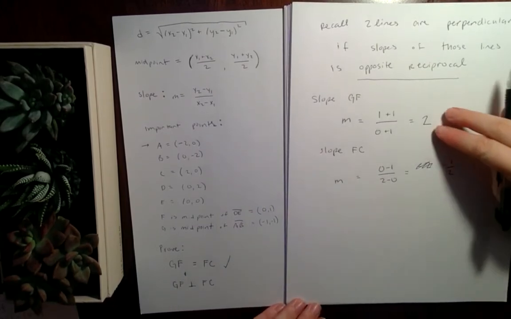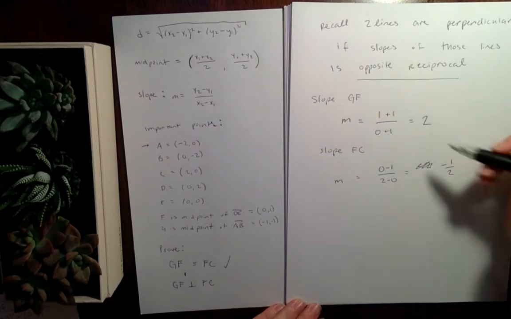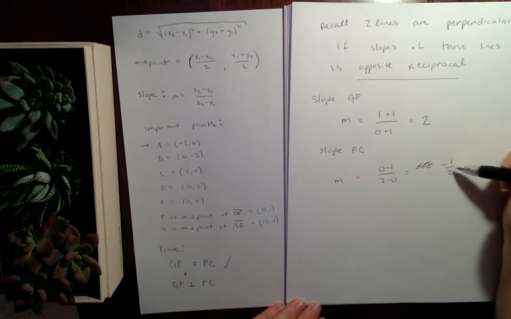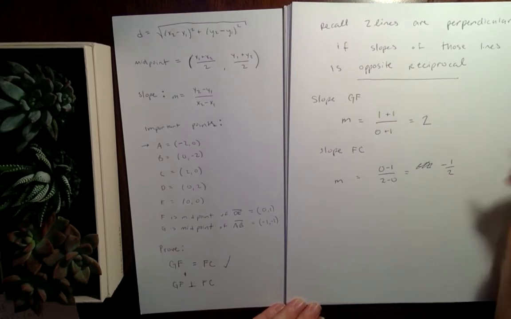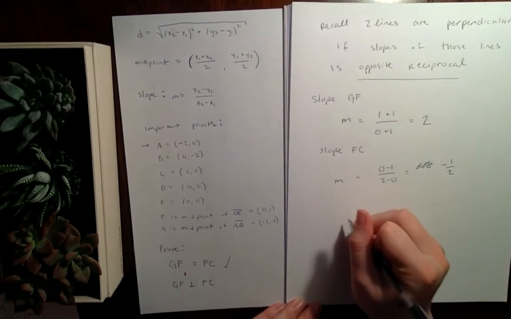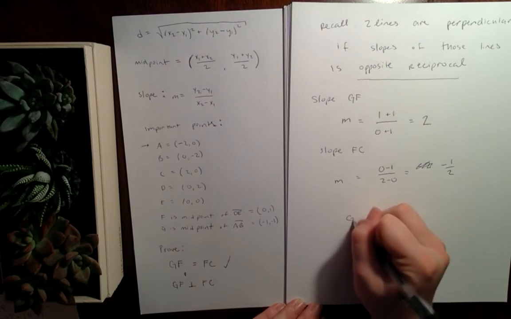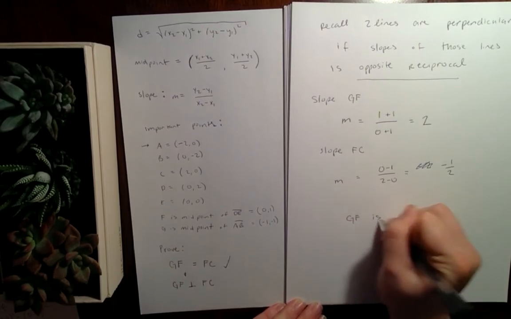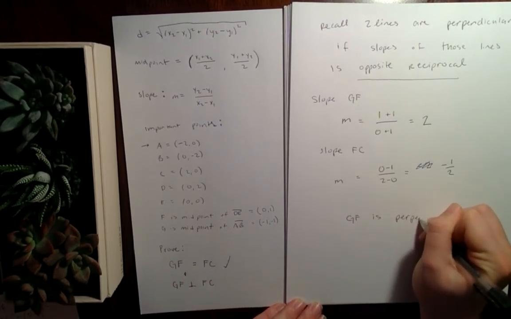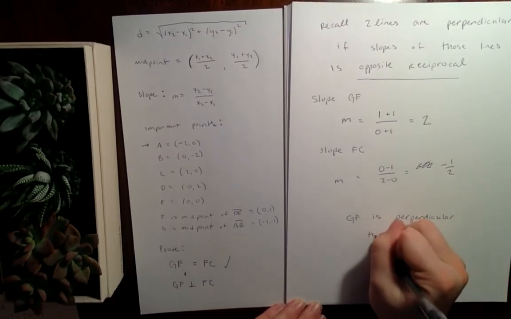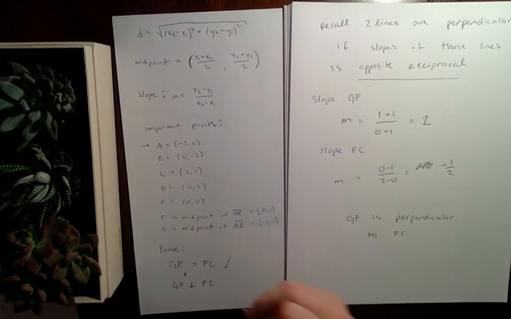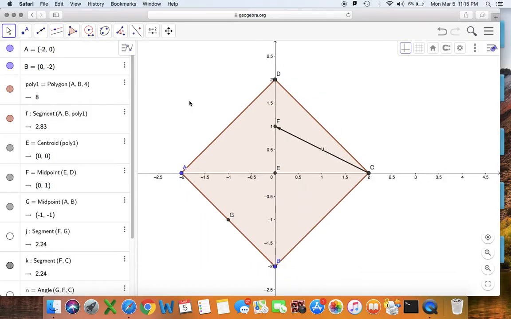So reciprocal means that you flip your fraction. So 1/2 is the reciprocal of 2, and then opposite just means you add that minus sign in. So we know that GF is perpendicular to FC. And that proves our second claim.